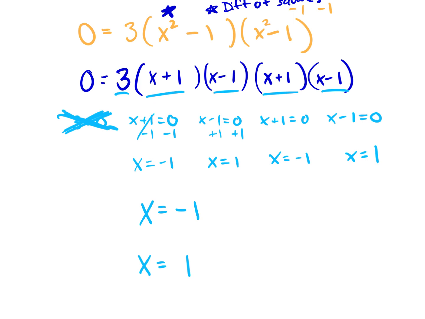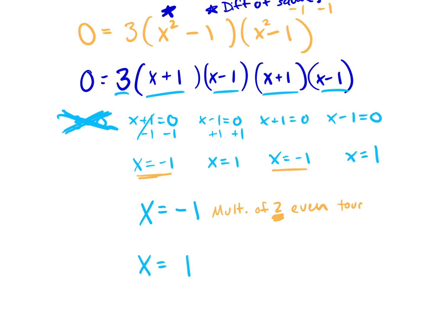Now, how many -1s do I have? 2. So I have a multiplicity of 2. Well, 2 is even. And even tells me whether I go through the graph or touch and turn.